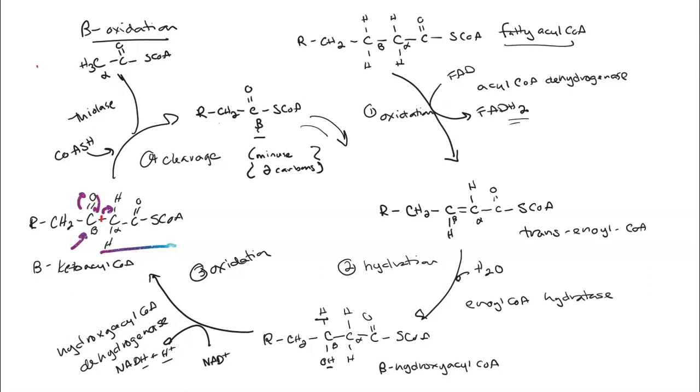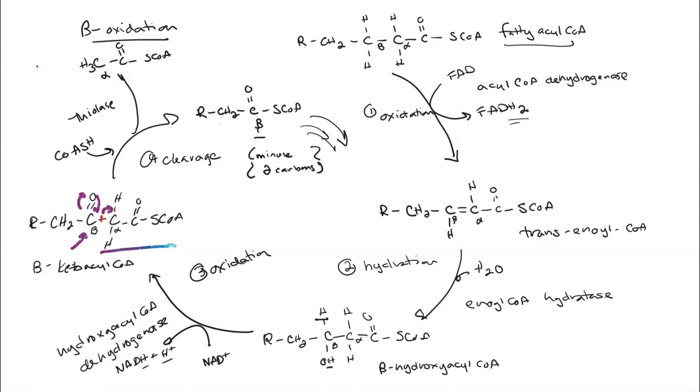This chain re-enters again, and again. And every single cycle, we are getting another 2-carbon unit lost, acetyl-CoA, and for each cycle, we're also getting an FADH2 and an NADH out of this. And that's really beta oxidation in a nutshell.